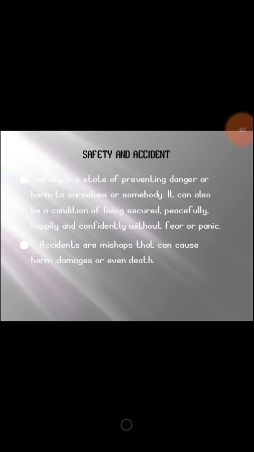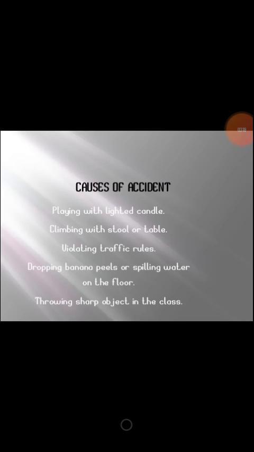They are occurrences that happen unexpectedly. That is why we need to put safety precautions in place in order for accidents not to occur.